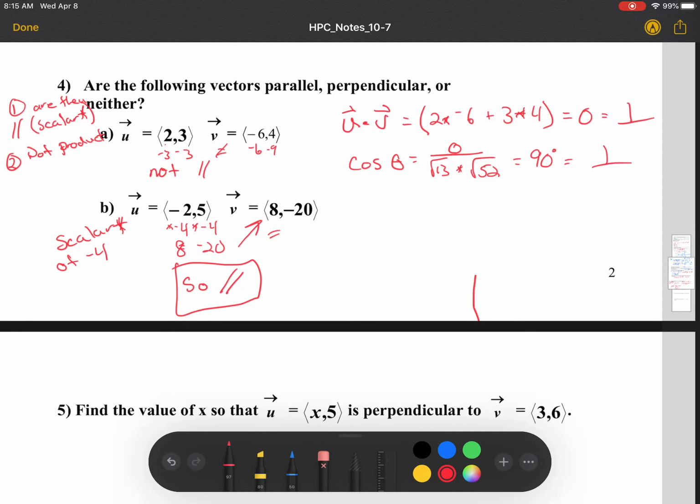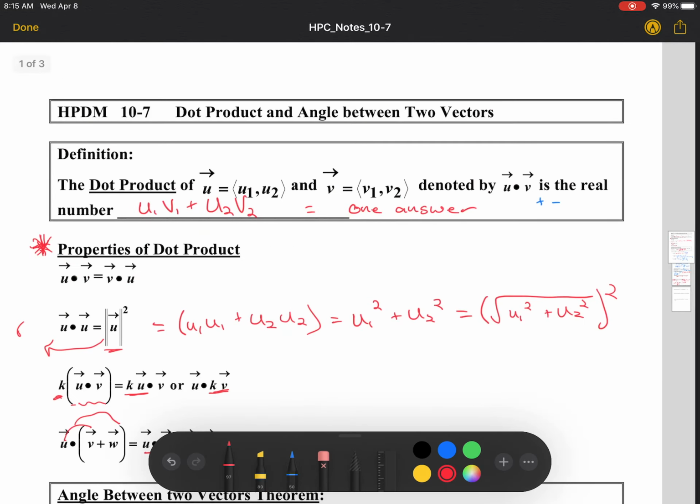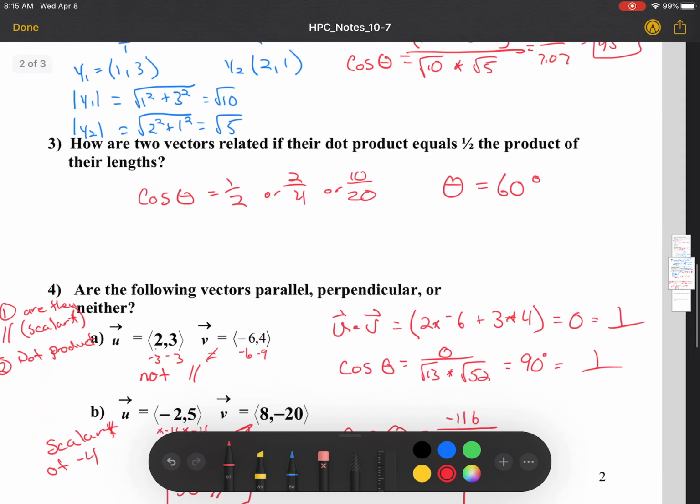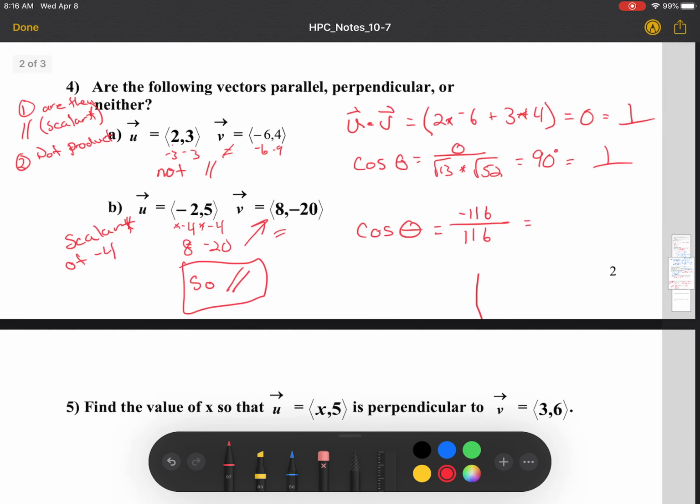Another cool way is you can actually use that cosine formula to find out if they're parallel as well. Because if you do your cosine theta, you should get something that gives you negative 16 over 16, which equals a 1.